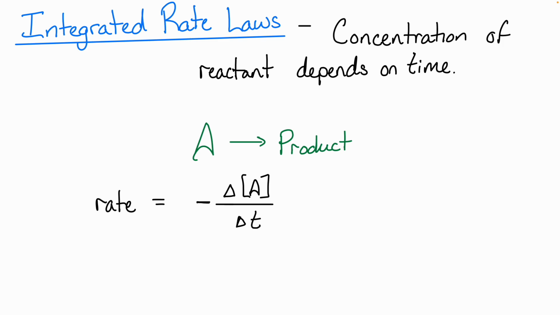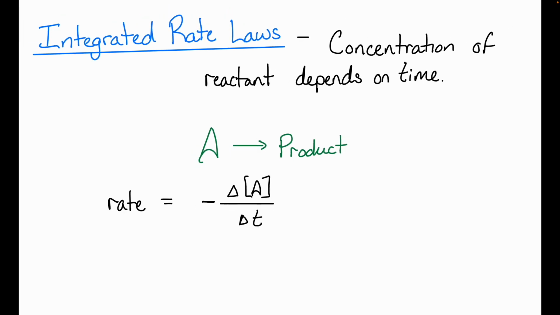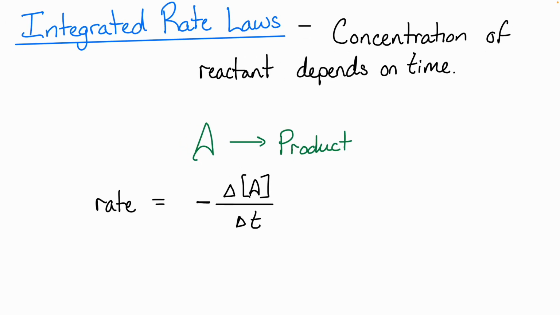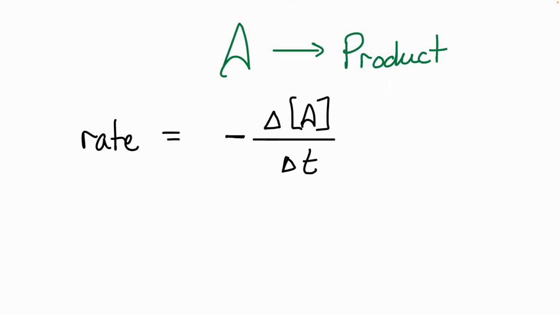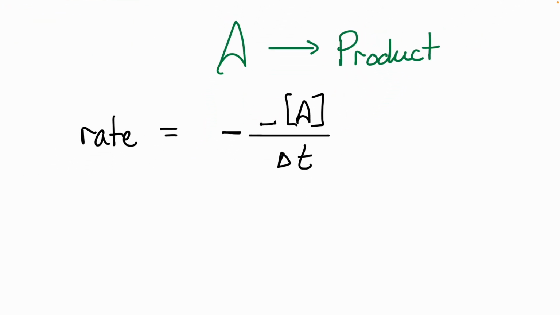But these integrated rate laws, does that first word remind anybody of any class outside of chemistry, maybe in the math department? Calculus, right? Cool. So now let's take these deltas out of here and instead use fancy calculus speak. This is dA over dt.